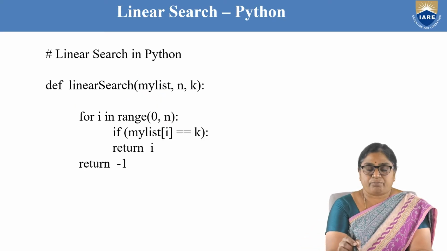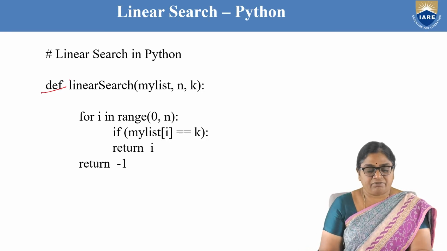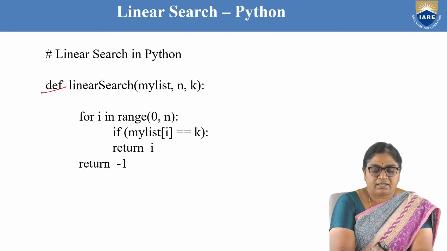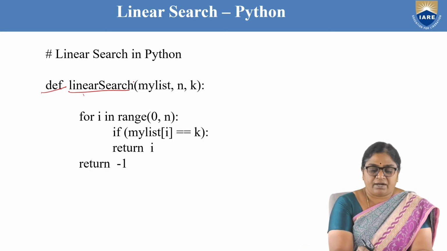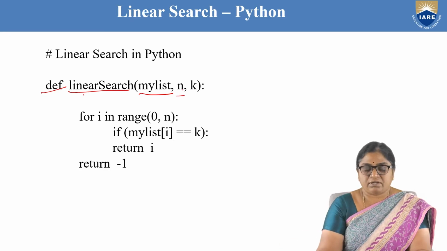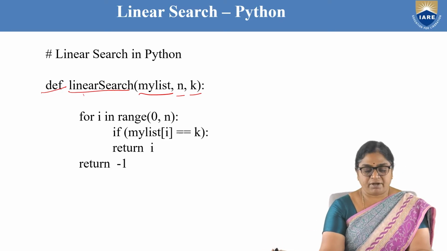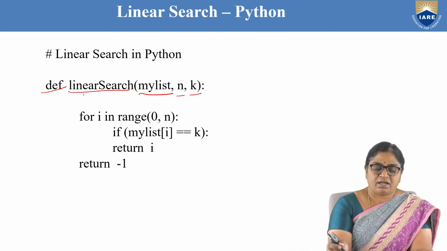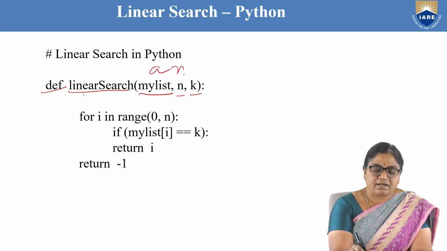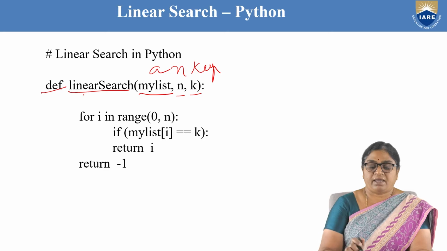So we are providing the definition for linear search here. Whenever we are writing functions, we will make use of the keyword def, defining a function. Here the name of the function is linear search and my list is the list of elements, n is the size of the list and k is the key element. When we are passing the parameters, they are the actual parameters, and those are A, N and key.